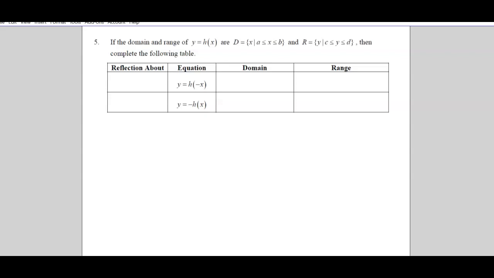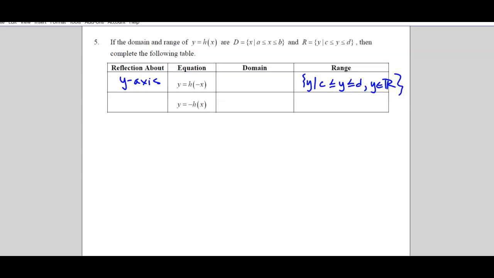If we reflect it, taking a look here, we're replacing x with -x, which is a reflection over the y-axis. So changing the x value, going over the y-axis. The y value doesn't change, so this would stay as that.